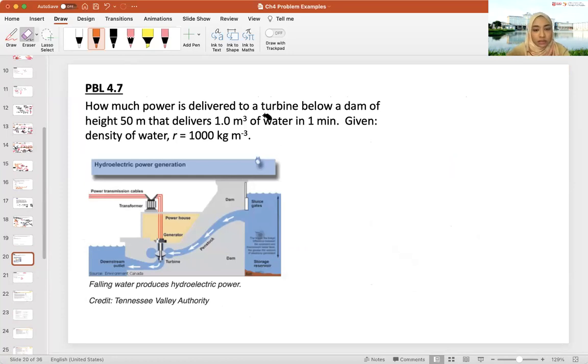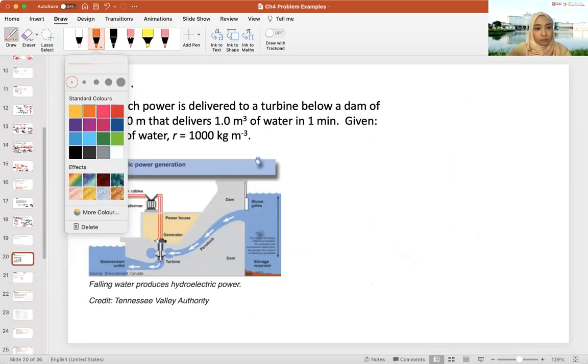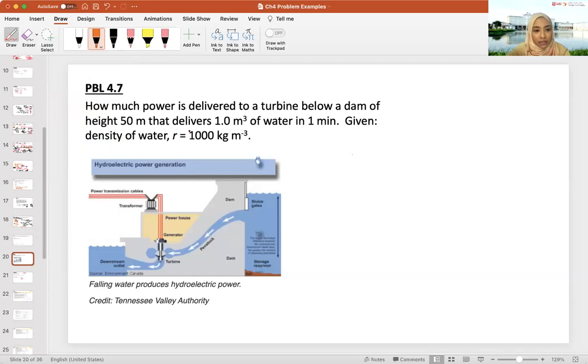How much power is delivered to a turbine below a dam of height 50 meters? Okay, so we have a turbine. This is our turbine, below a dam. So this is our dam, from a height of 50 meters.